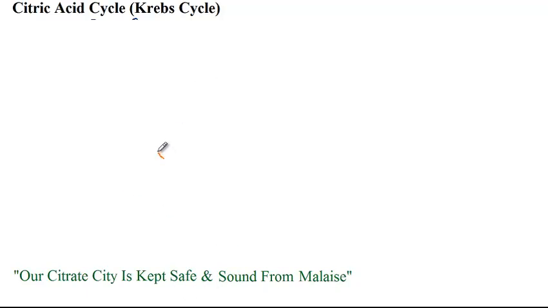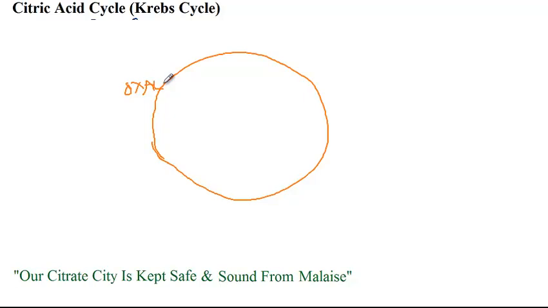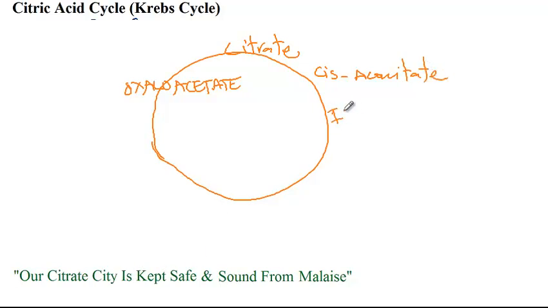All right, so we have the citric acid cycle. R stands for oxaloacetate. Citrate stands for citrate, that's easy. City stands for cis-aconitate. Is stands for isocitrate.